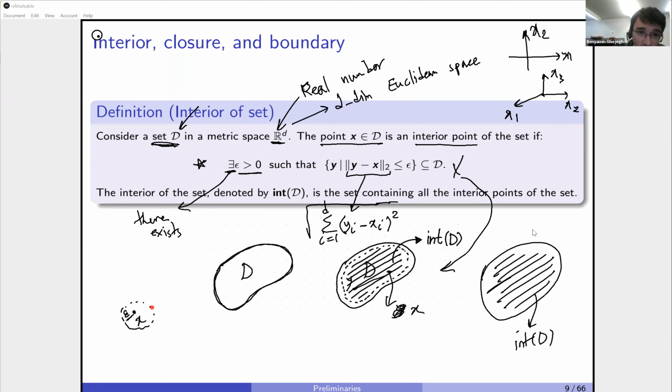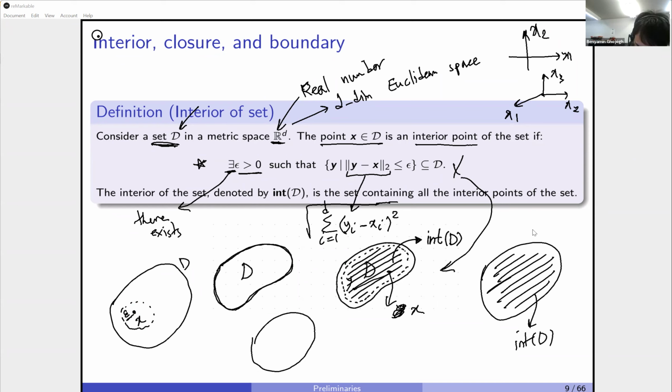This set is all of the points y which are within this neighborhood, right? And this means that this neighborhood is within the set D. So this point is an interior point of D because its neighborhood is within D. Now let's look at the edge cases.